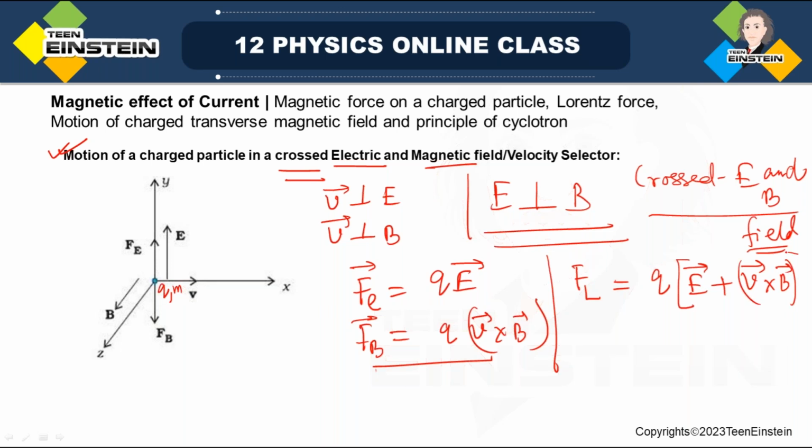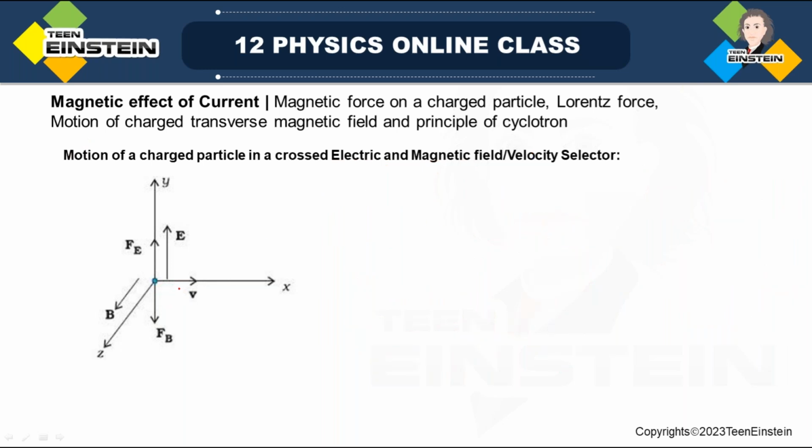This is Lorentz force, q into E, electric force, plus magnetic force. So electric force plus magnetic force is called Lorentz force. Now I have told you all these things. Let me just clean this portion, except keeping this. Now we'll try to find out what is the direction of this Lorentz force here.